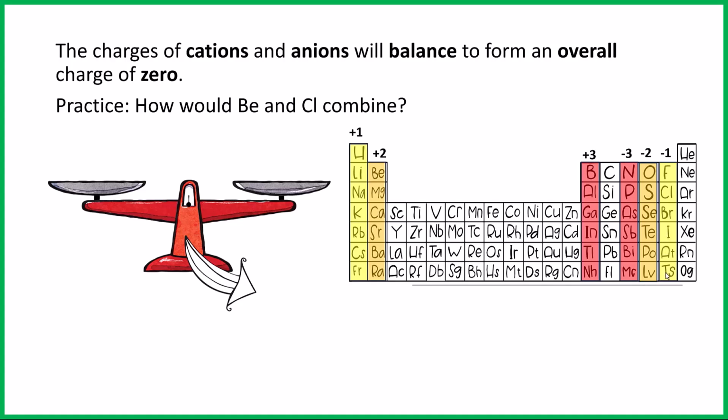Chlorine is over here in this group, and it has a charge of -1. So we've got beryllium on one side with a +2 charge. We would need 2 -1 charged chlorine ions to balance that out.